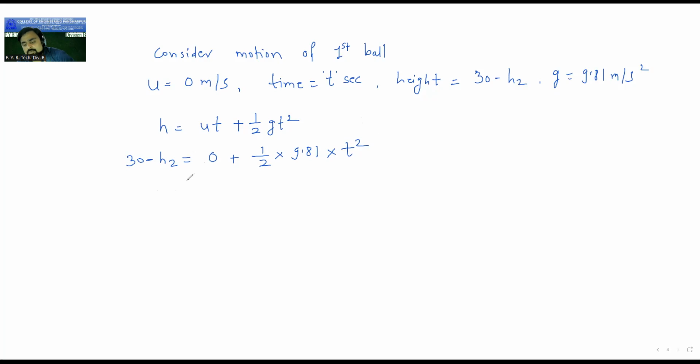So it is 30 minus h2 is equal to 4.9 t square. This is your equation number 2. Now solve equation 1 and equation 2.